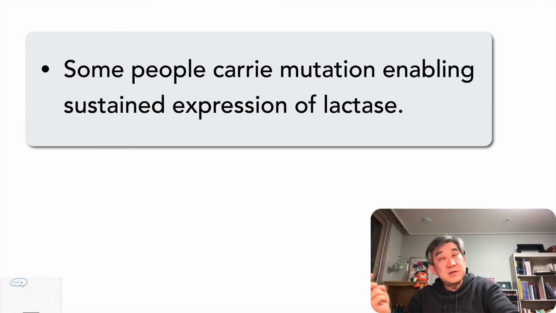So now you can understand why this mutation is a dominant mutation, right? Because it is obtaining a function versus the disappearance of the function.